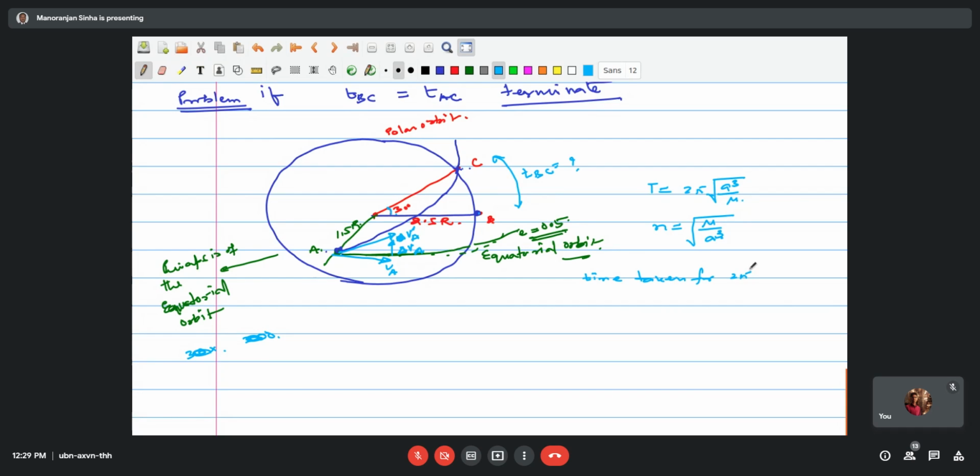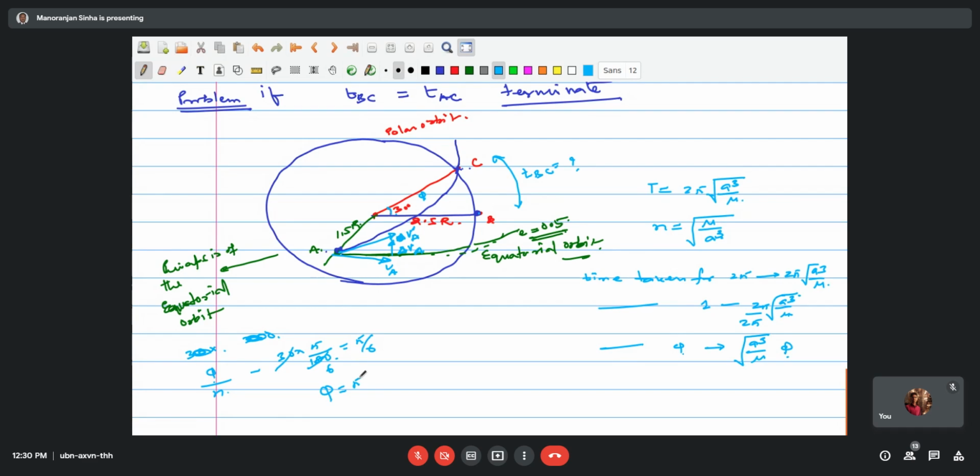The time taken for a 2 pi angle is 2 pi times the square root of a cubed divided by mu. Therefore, the time taken for this 30 degree angle is the angle divided by the mean angular rate. 30 degrees multiplied by pi by 180 becomes pi by 6.